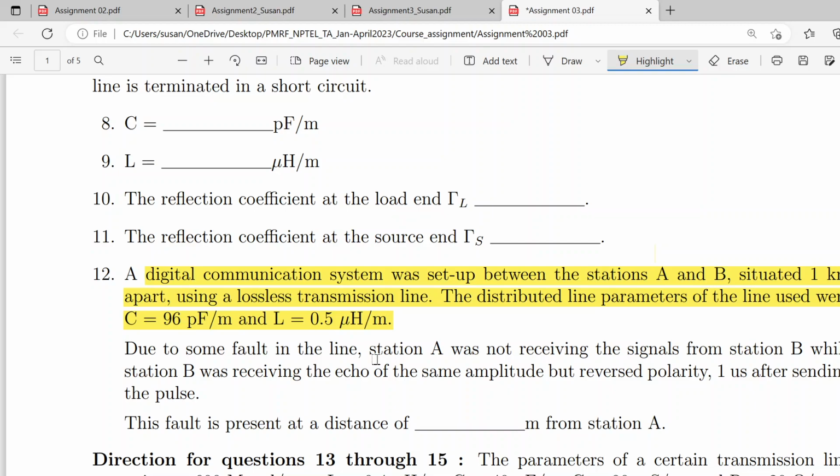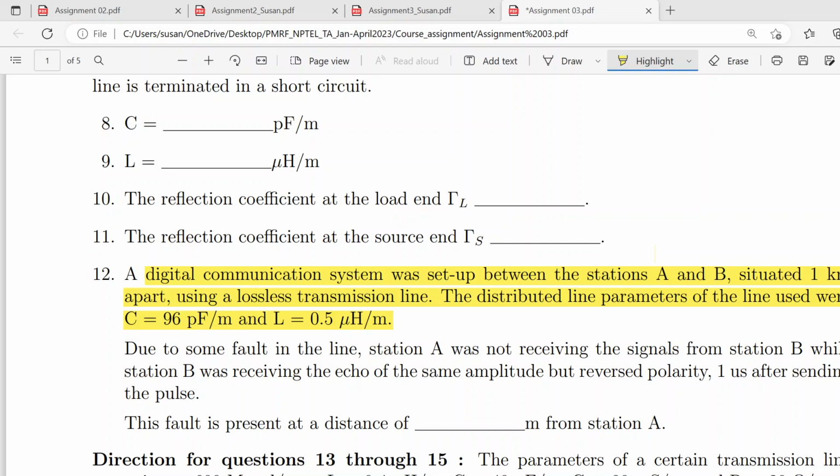So let's try to solve this question. I'll just explain the question.